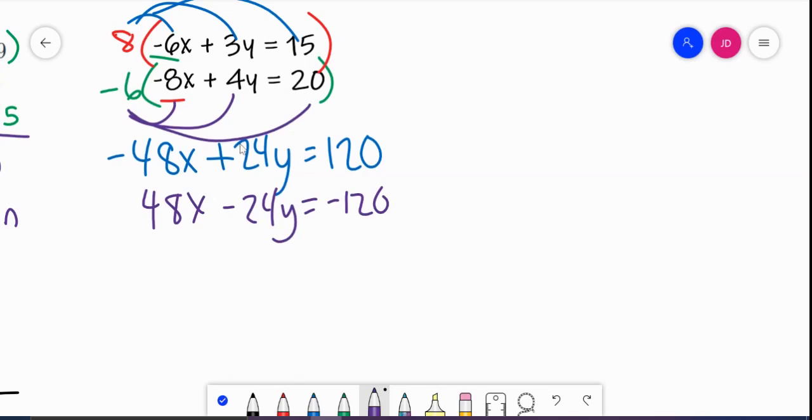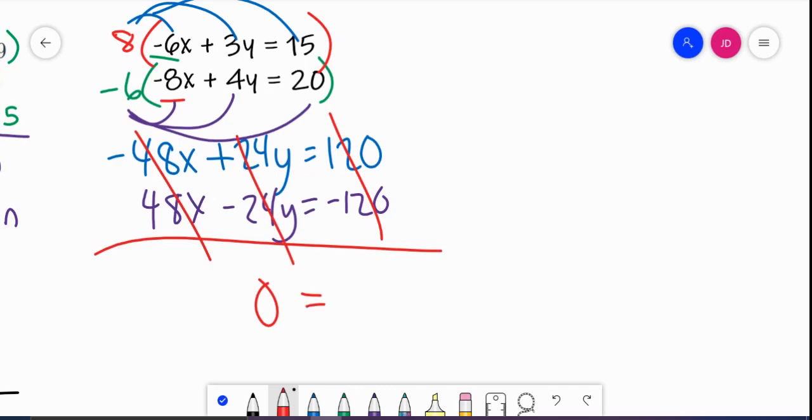So all I did was multiply the top equation by this coefficient and the bottom equation by the top coefficient. I just flip-flopped these numbers. You notice these cancel, and these cancel. So you get 0 equals 0. That means you have infinite solutions.